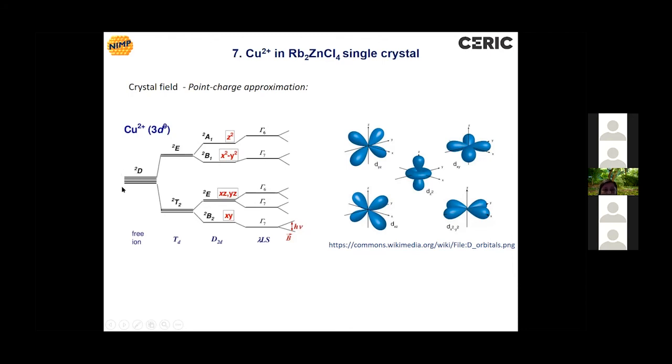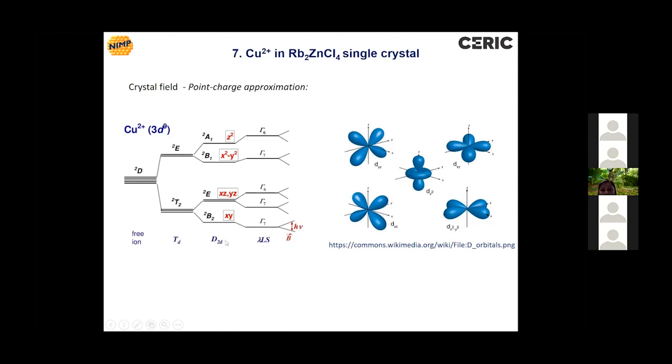So the free ion has degenerate orbitals and energy levels associated with the orbitals. In a tetrahedral field, the degeneracy is partially removed. We have a triplet and a doublet. And as we found out, the symmetry is lower still than tetrahedral.